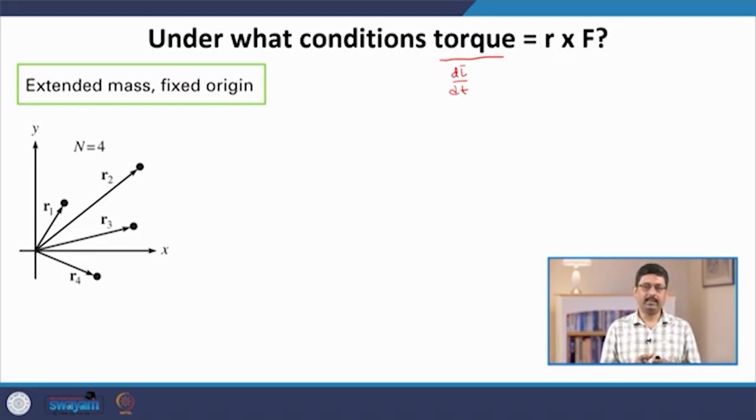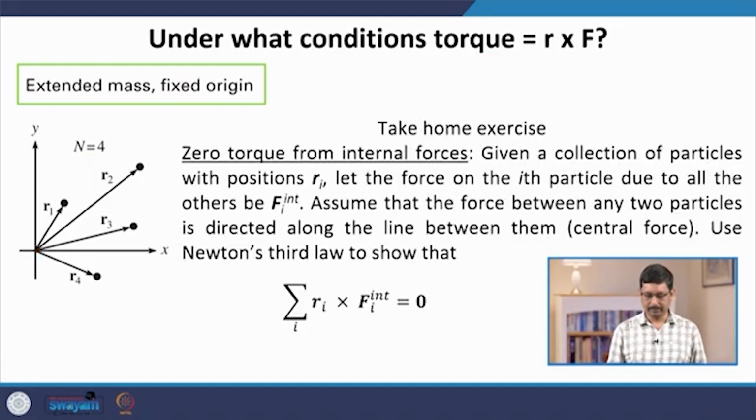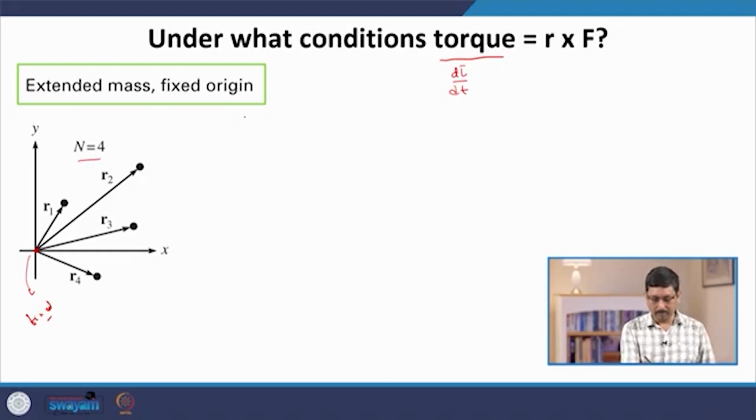The first case that we consider will be where our origin is again fixed. Like before, this is our origin and this origin is fixed, and there are point masses, and for concreteness we have 4 point masses. Now, in this case we have to calculate dL dt. So, let us work it out.